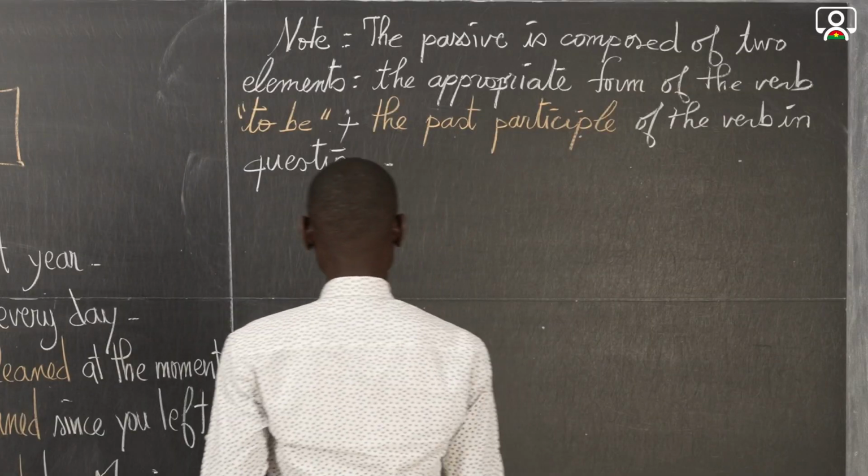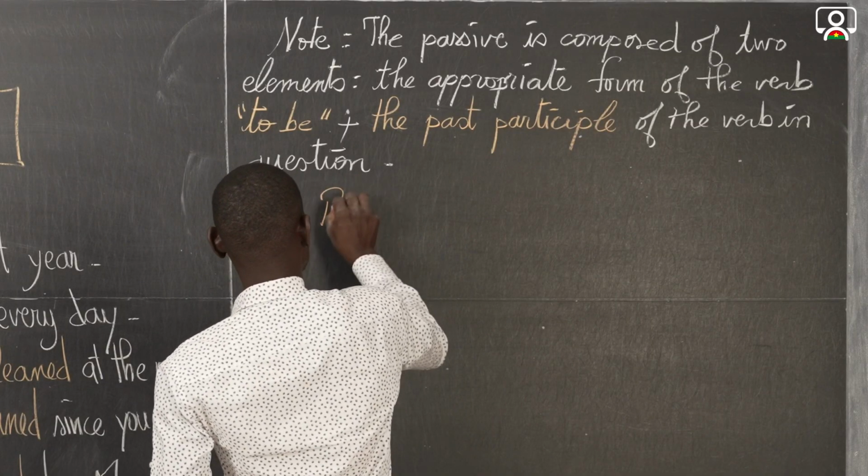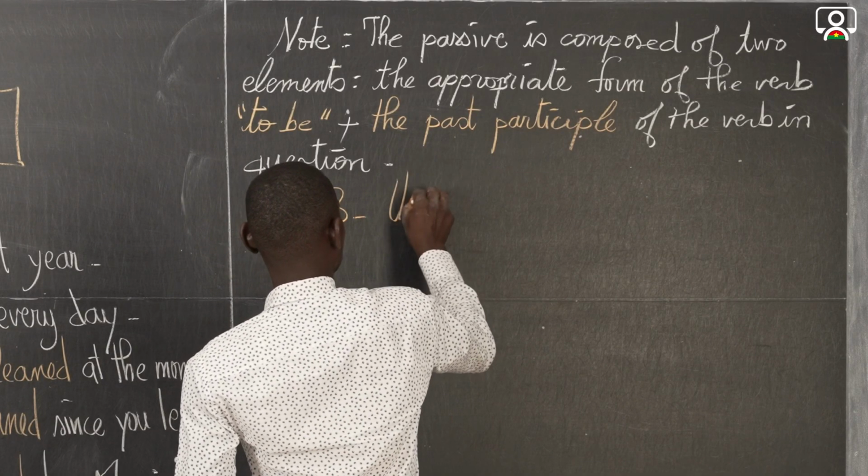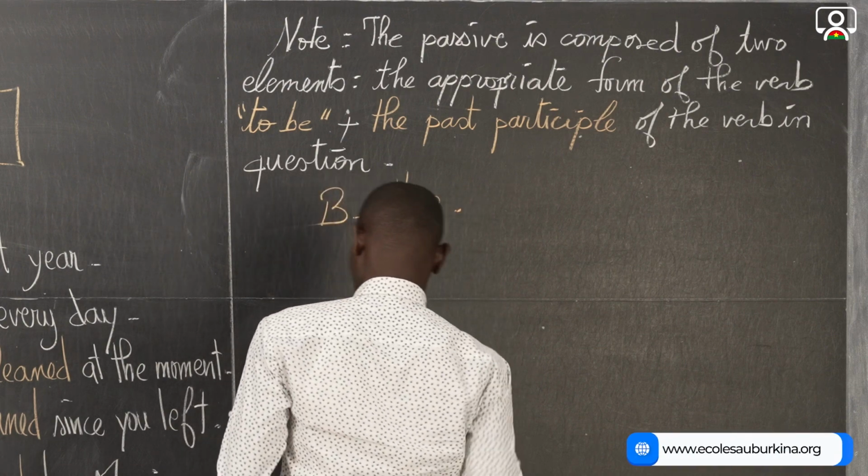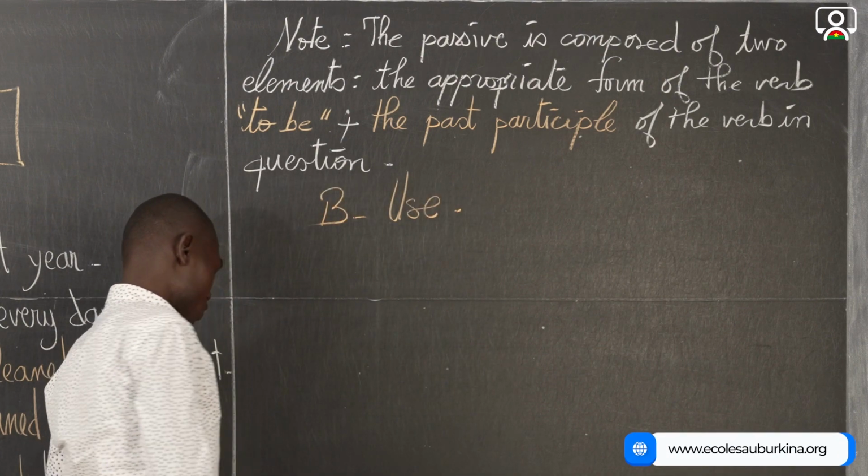The second point is capital B, the use. When do we use the passive voice?